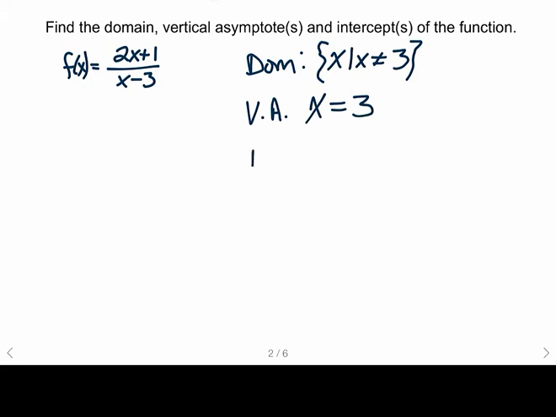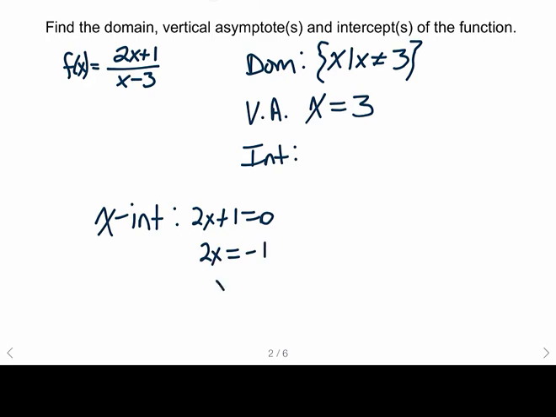As far as our intercepts, to consider the x-intercept, we're going to set 2x plus 1 equal to 0, the numerator of course, and 2x is equal to negative 1 as a result, and so x is equal to negative 1/2. And so the x-intercept is x is equal to negative 1/2, y is equal to 0, so negative 1/2, 0.